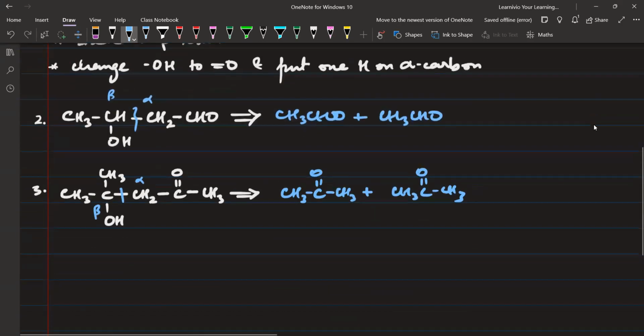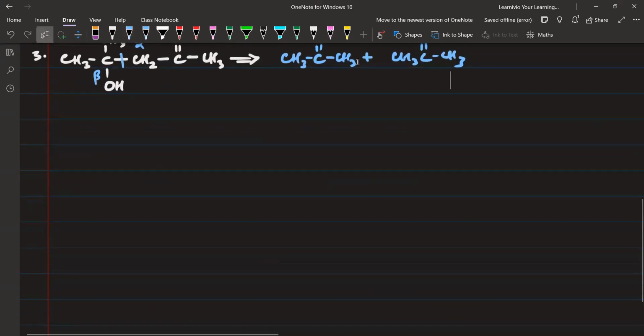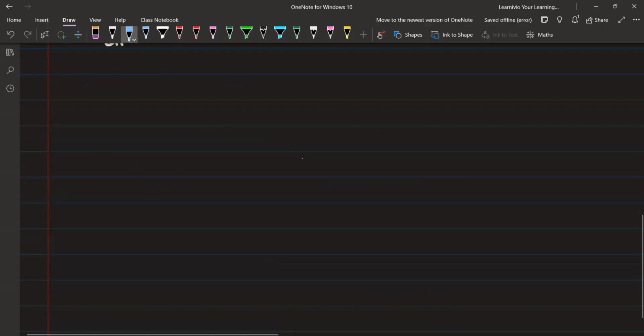Now, if they have given you an alpha beta unsaturated aldehyde or ketone as the aldol product, how do you do this? That is also quite simple.